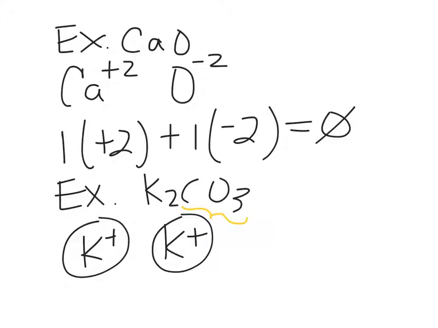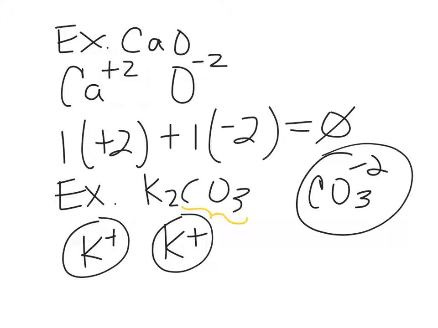Since potassium is a metal, and metals always form cations, you know that everything else has got to be an anion. And since there are multiple atoms, a carbon and 3 oxygens, you have to recognize it as a polyatomic. And then you just got to realize that it's carbonate, CO3, with a charge of -2.